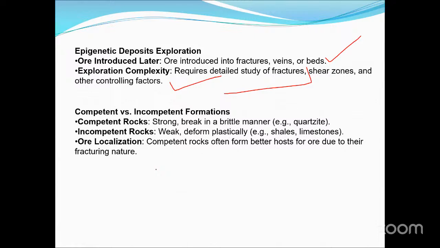Competent rocks are strong and break in a brittle manner; an example is quartzite. Incompetent rocks are weak and deform plastically; examples are shales and limestones. So competent rocks are strong and incompetent rocks are weak.